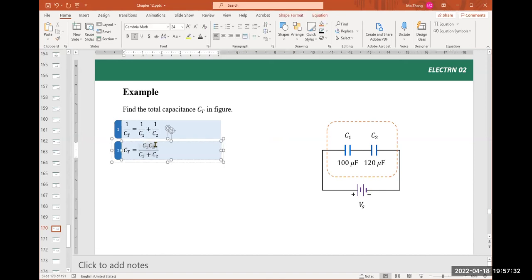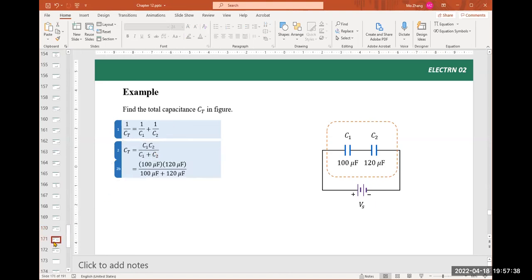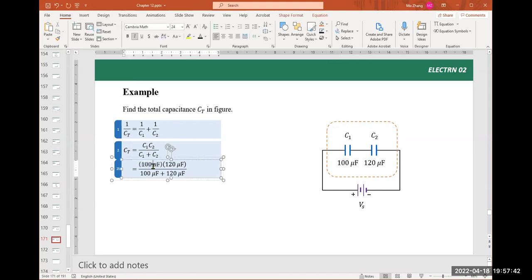C1 times C2 over C1 plus C2. Now, let's plug in numbers. C1 is 100 microfarad. C2 is 120 microfarad. And for the denominator, C1 plus C2, that is 100 microfarad plus 120 microfarad.